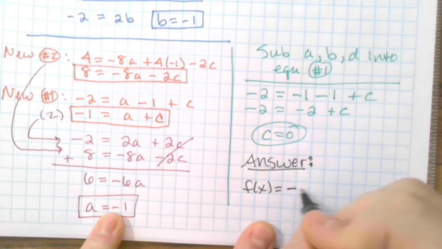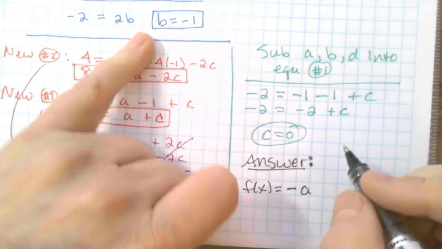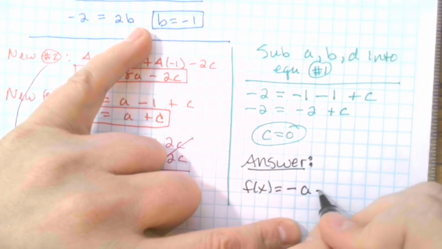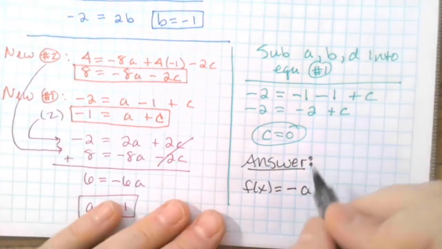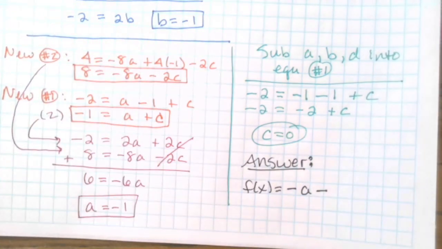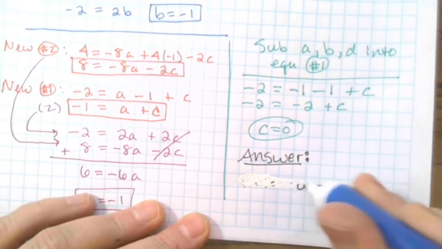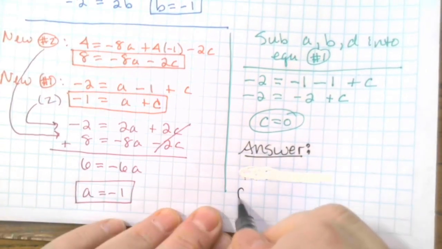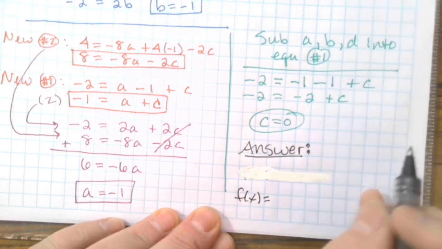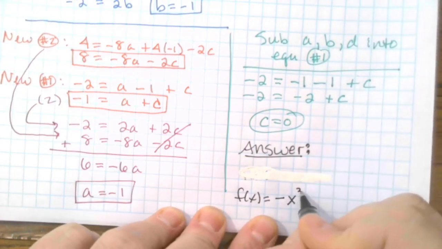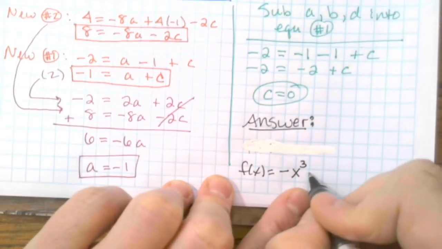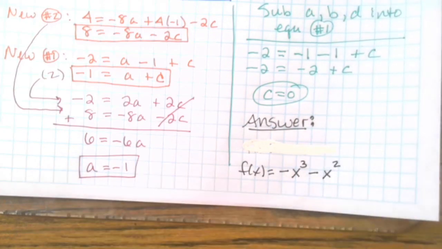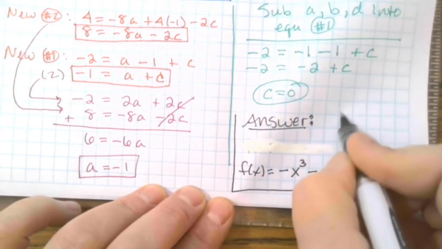Excuse me, gotta make sure that I actually input the A's and the B's and keep the X's. Okay, let's try that again. F of x equals, okay, so A is -1, so -x cubed. B is -1, so negative x squared. C ended up being 0, and D ended up being 0. So that is my answering function.